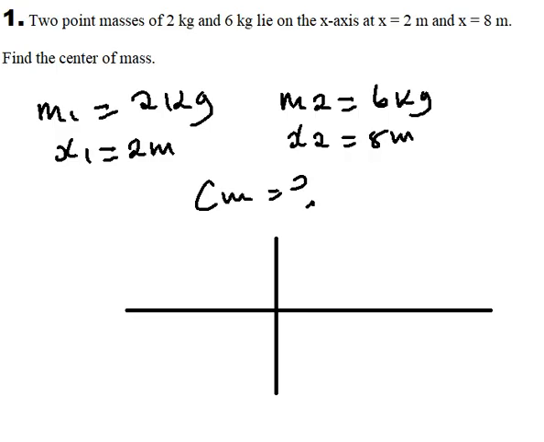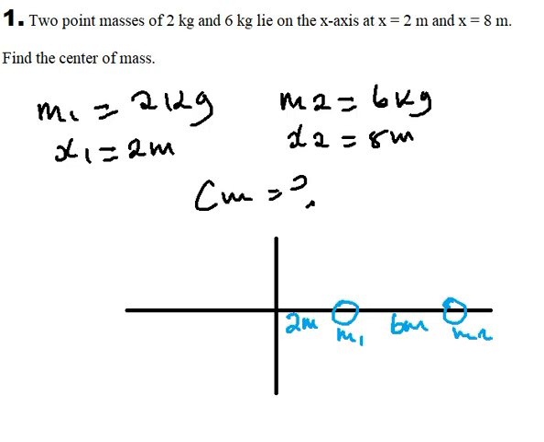And mass 2 is at the position 8 meters away from the origin, and that is mass 2.